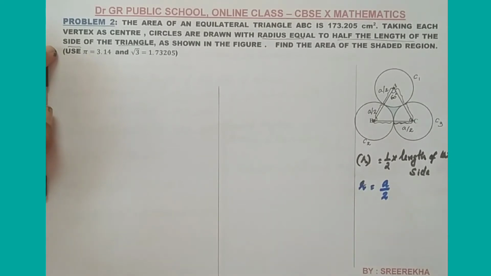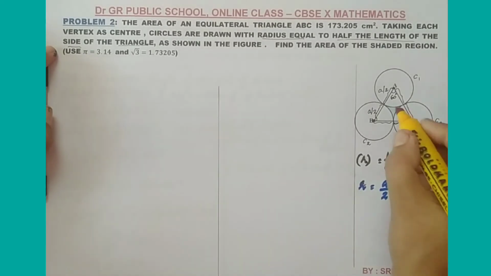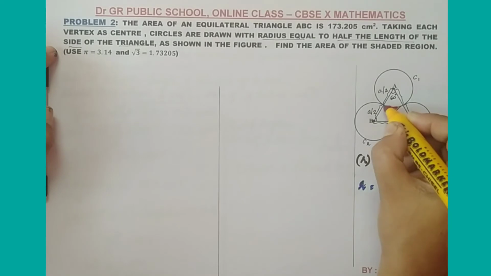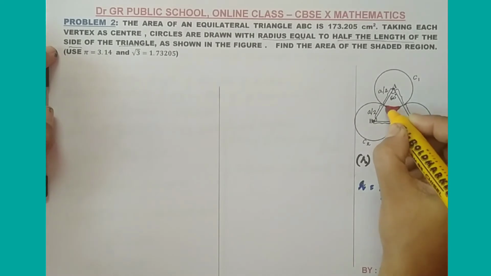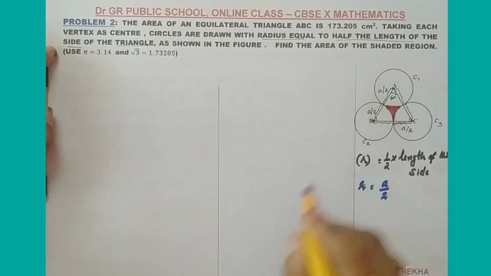Now you are asked to find the area of the shaded region. Listen to the shaded region here. The shaded region is actually this much only. How will you get it?